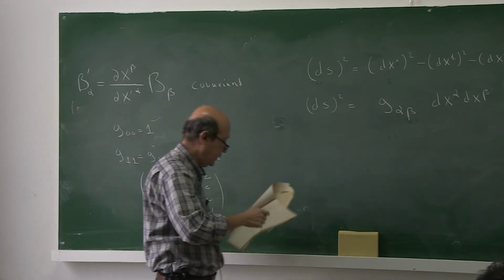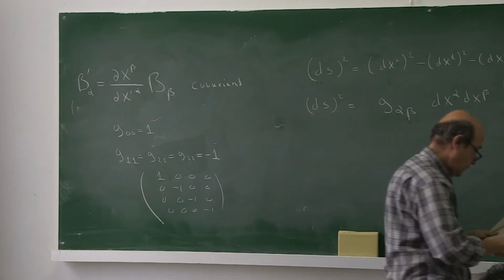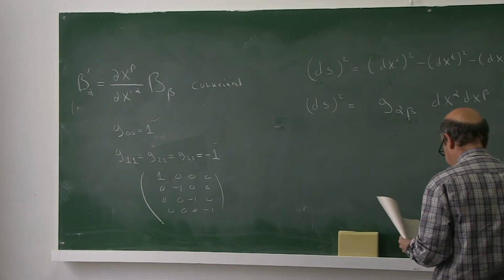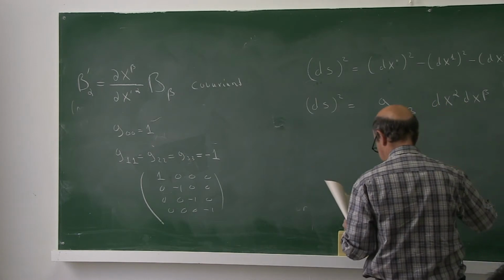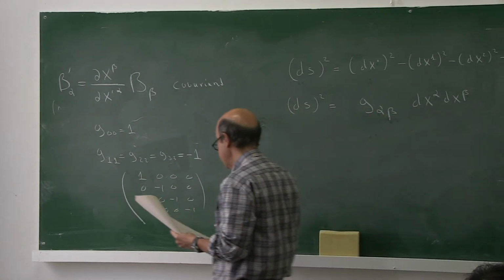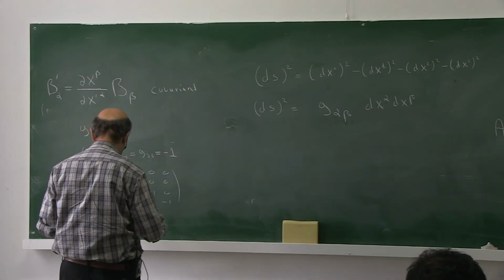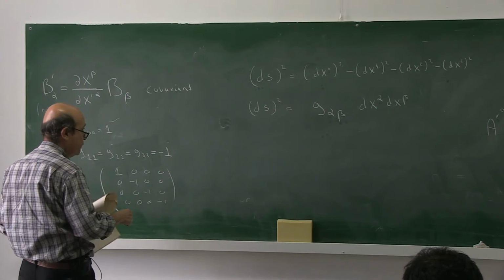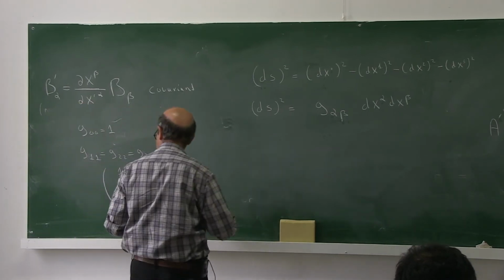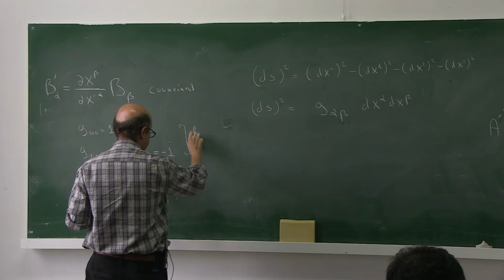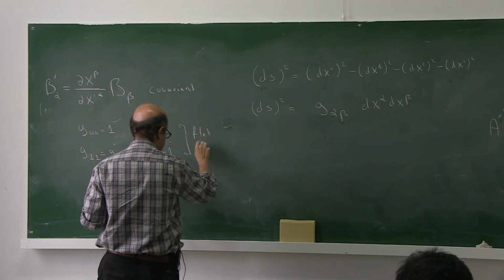So off diagonal elements are 0. This is called the flat space-time metric tensor, or metric. That is called flat space-time.